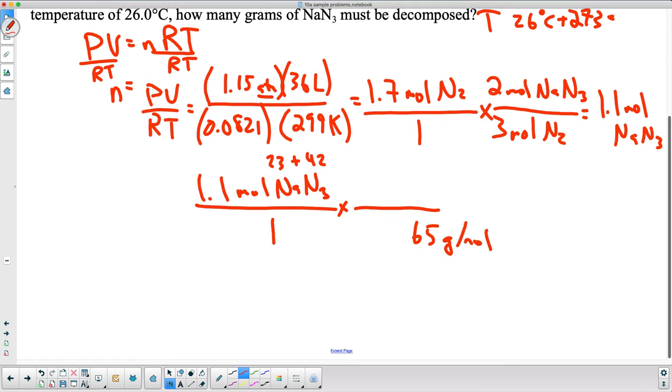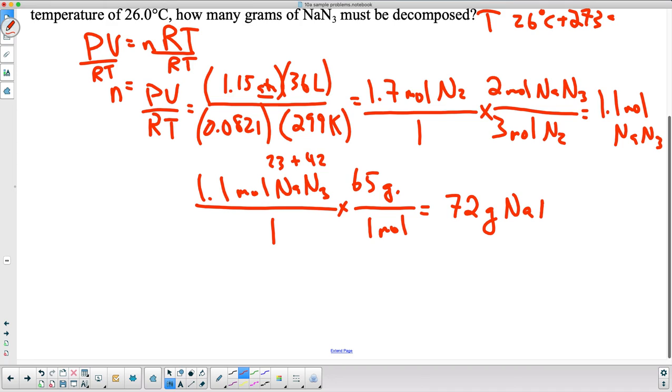Oops, that should be on top, like that. And it's 65 grams per 1 mole. Wow, I haven't done this kind of calculation in a while. So 1.1 times 65 gets me 72 grams of NaN3 that needs to decompose.